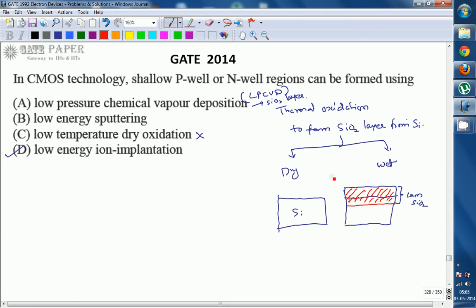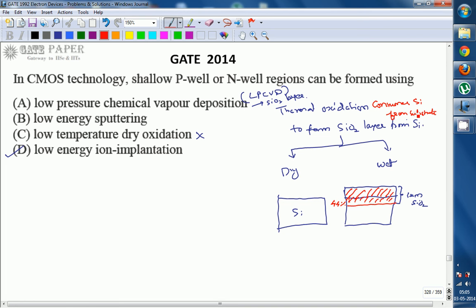For a 1 micrometer SiO2 layer, 0.44, that is 44%, of silicon from the substrate is consumed to form this silicon dioxide layer. That implies thermal oxidation consumes silicon from the substrate.